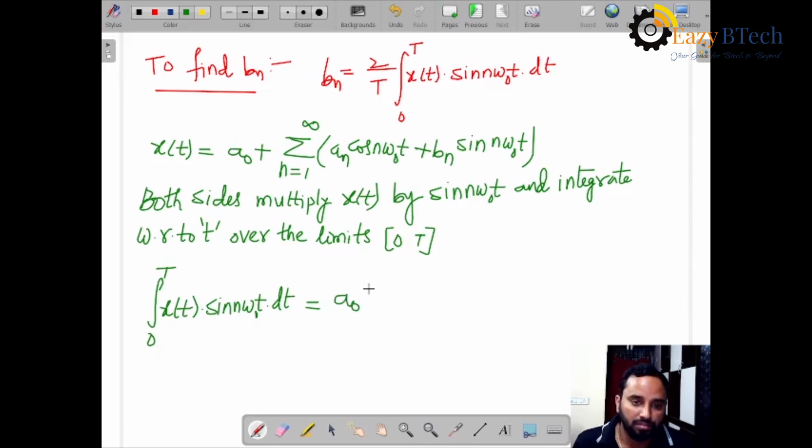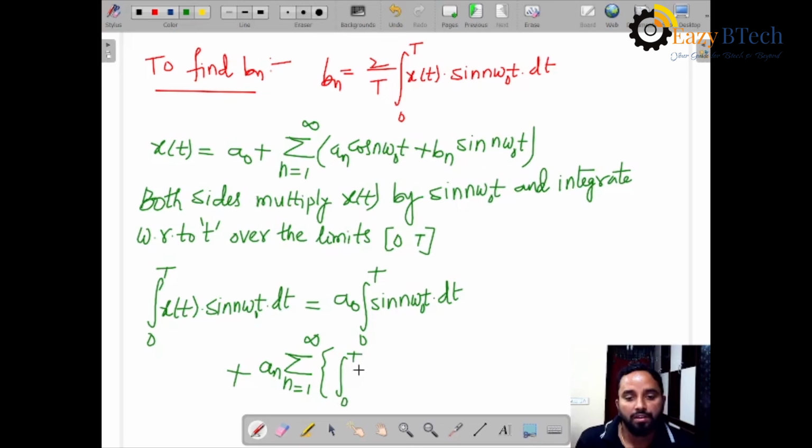So a naught integral 0 to T sine n omega naught t, and plus an, summation n equals 1 to infinity, integral 0 to T sine n omega naught t into cos n omega naught t dt, plus bn integral 0 to T sine square n omega naught t dt.